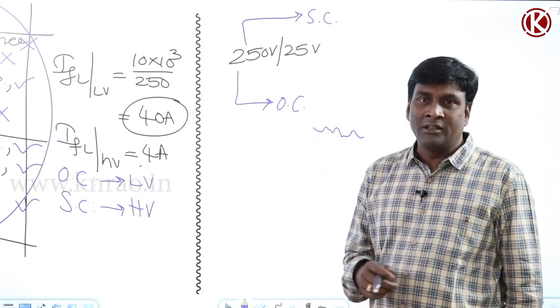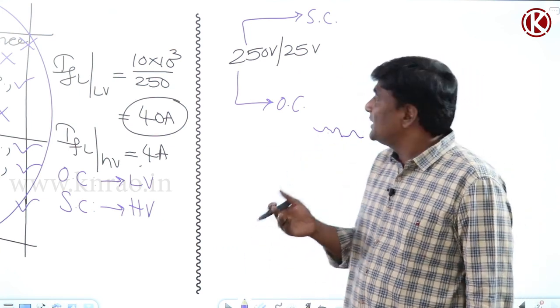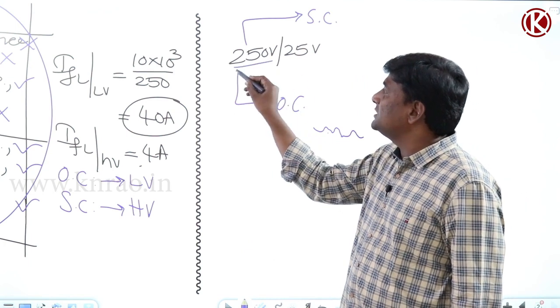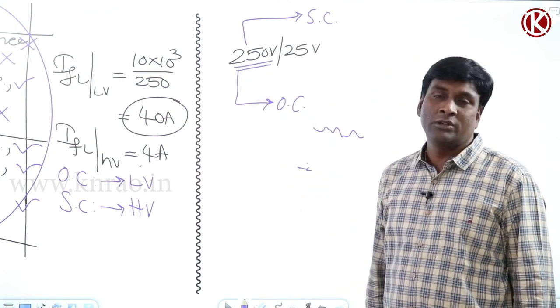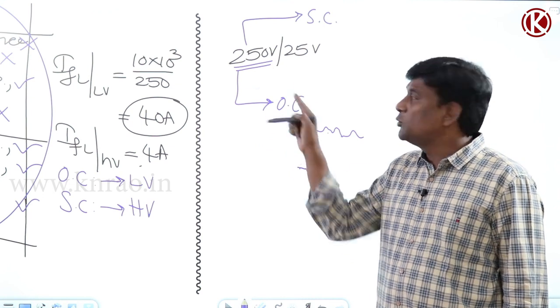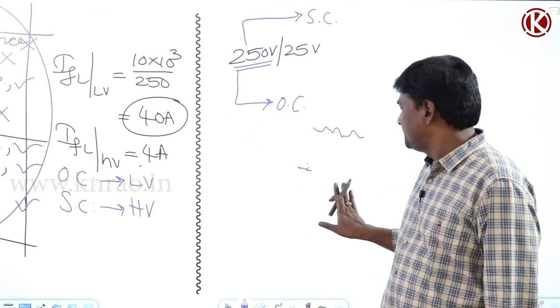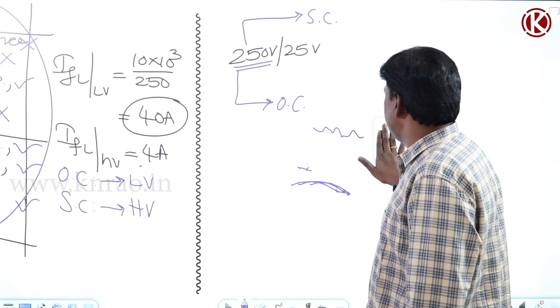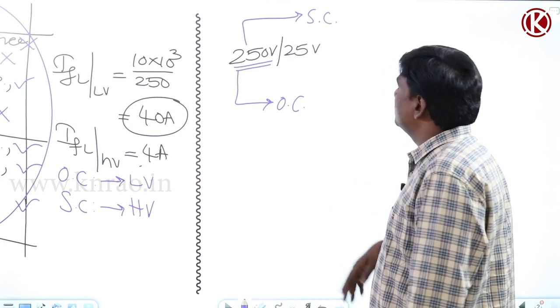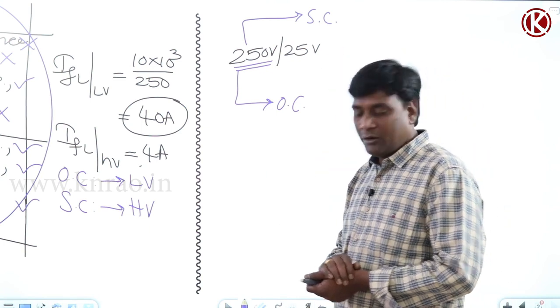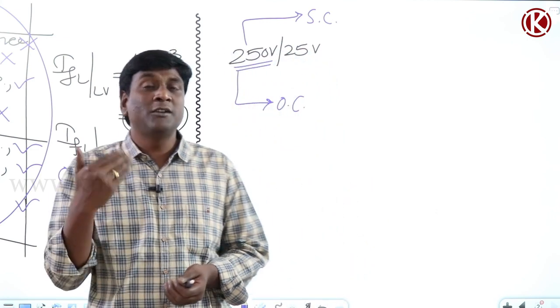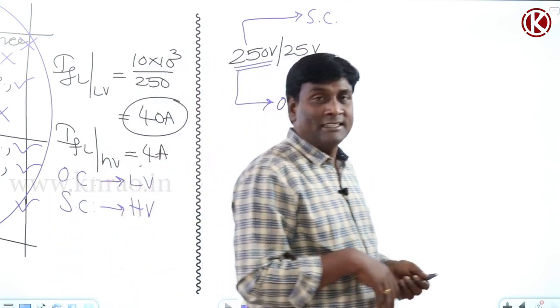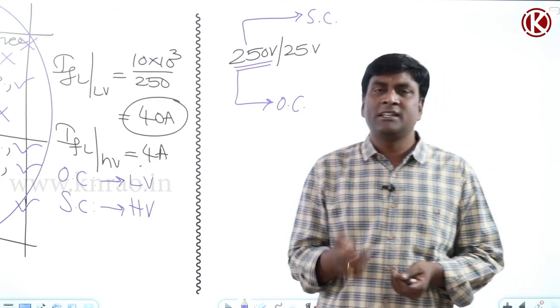Now if you come to here, which is more available, depending upon availability of source for OC test, because for OC test I have to conduct with rated voltage. 250 volt source is easily available. Now if you think of SC test, how much voltage should be supplied to circulate rated current in SC test conditions? 6 to 12% of rated voltage.